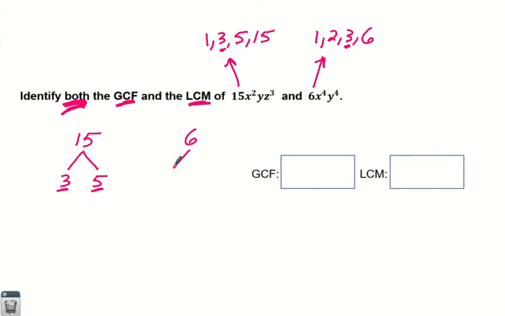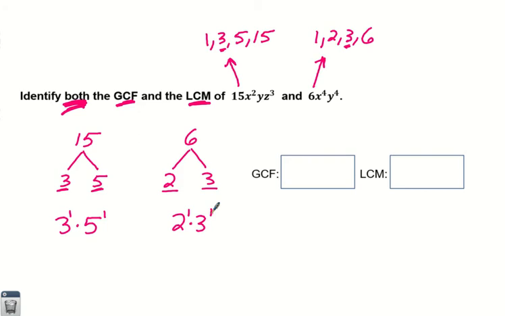And then 6 can be broken down into 2 times 3, and again, that does it. 2 is prime, 3 is prime. So 15 is 3 times 5, and more specifically, 3 to the first, 5 to the first. And 6 is 2 to the first times 3 to the first. Okay?